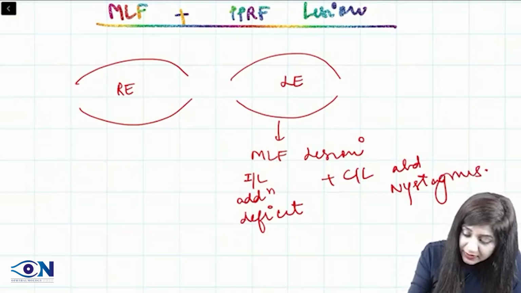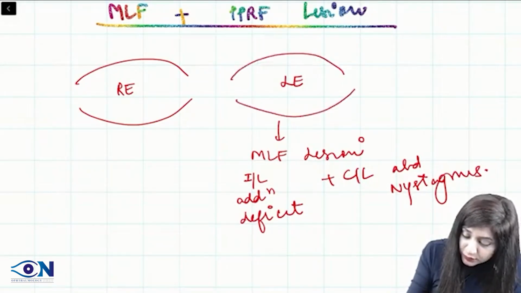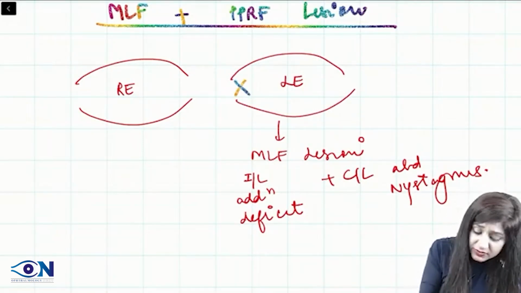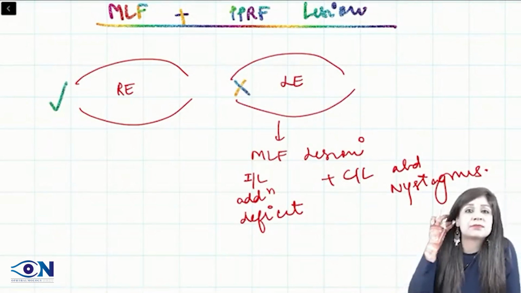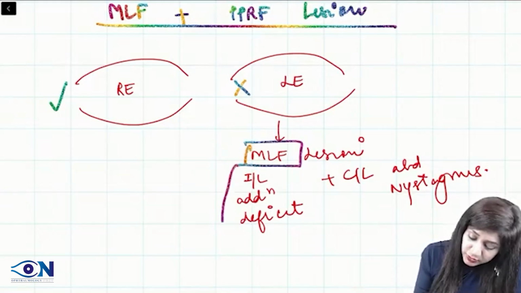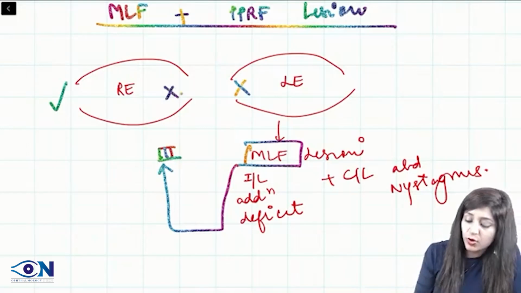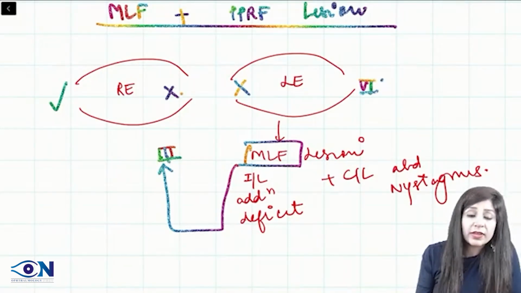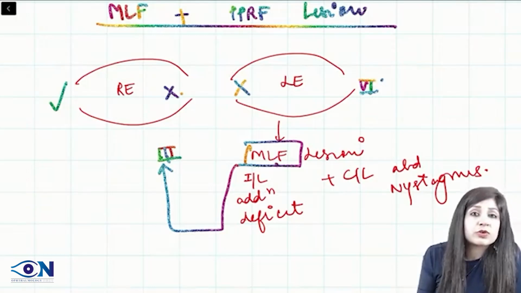So we will have the adduction deficit on this side, as well as the abduction nystagmus here. Now due to this MLF lesion, it is also connected with the third nerve of this side. So this lesion is also gone, because it was between the third and the sixth nerve nucleus like this. So this MLF lesion is also affecting this one.